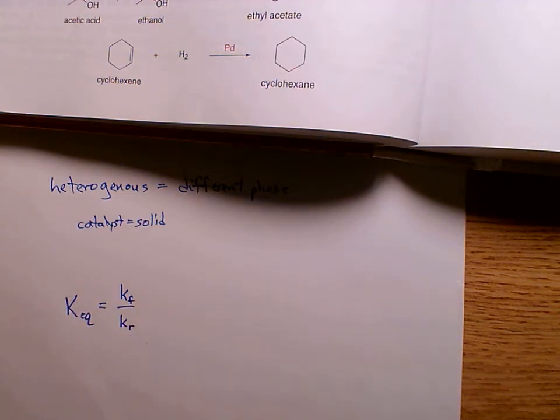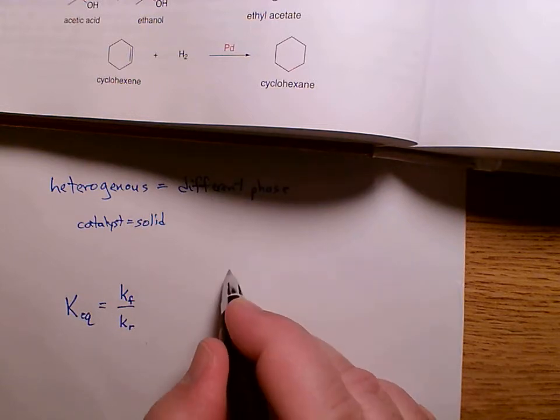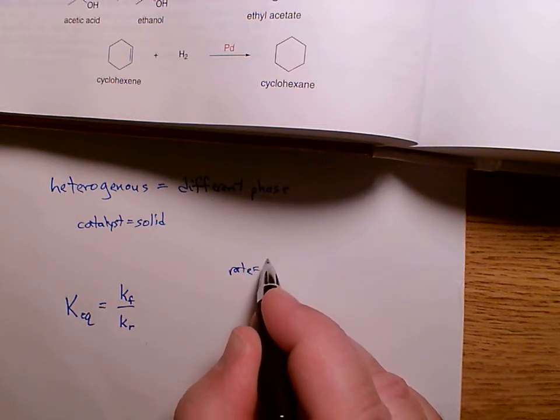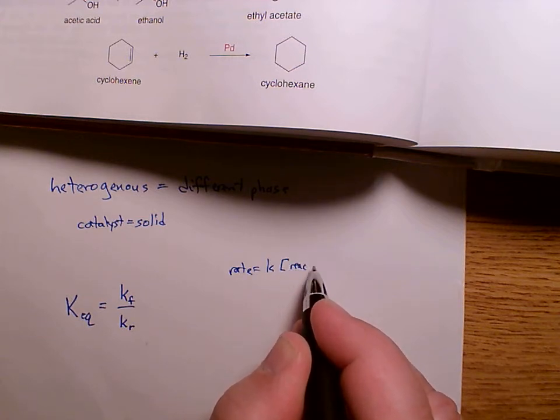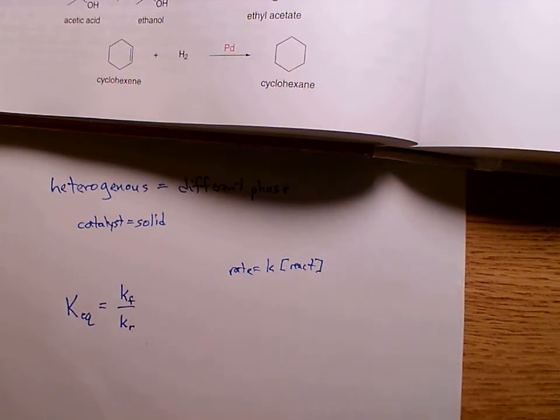Recall our equilibrium constant is the concentration of products over reactants. Our rate constants come from the rate laws. Rate equals k times concentration of reactants. And in Gen Chem 2, hopefully you did the derivation to show that the forward rate constant divided by the reverse rate constant equals the equilibrium constant.